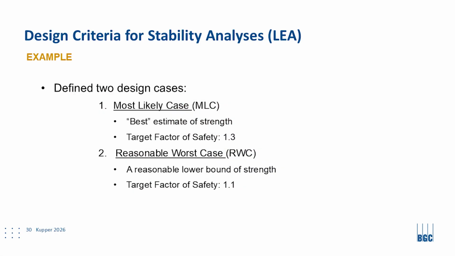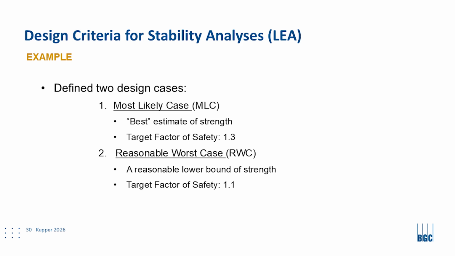So that's also a very common approach in oil sands. You define two design cases. A most likely case, where you do your best estimate of the parameters of that clay, and you say you've got a target factor of safety, 1.3 or 1.5, whichever is your design criteria. But then you also say, what is my reasonable worst case?